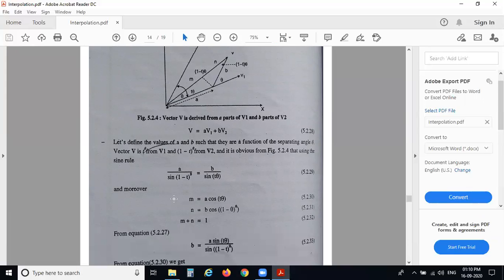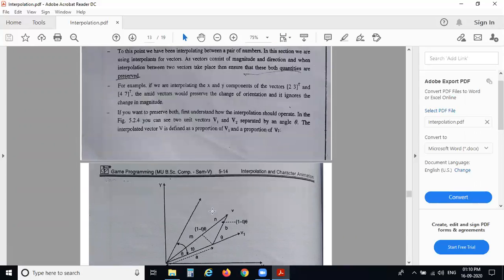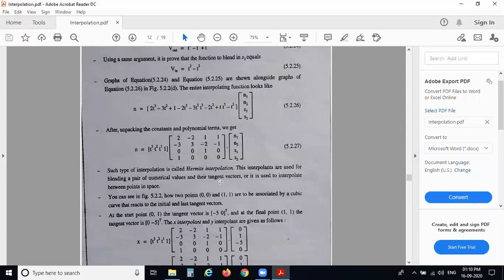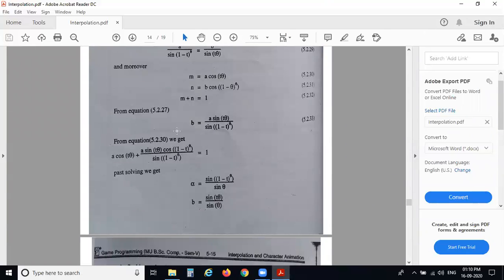Okay, so here we take m equal to a cos t theta, n equal to b cos (1 minus t) theta, then m plus n is equal to 1. From equation 2.27, by using the equation we solve it as b equal to a sin t theta divided by sin (1 minus t) theta.